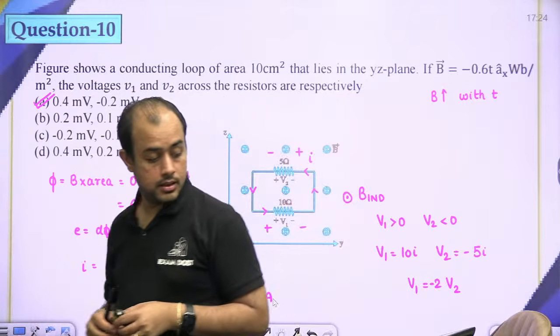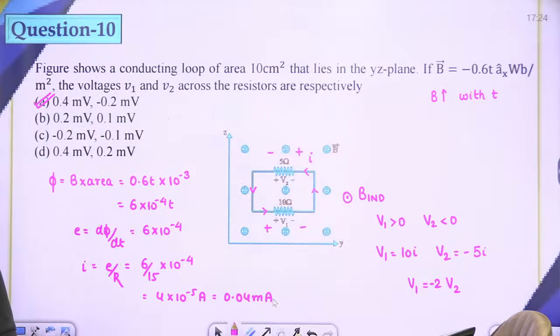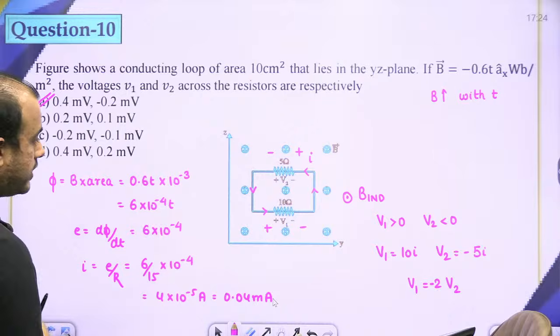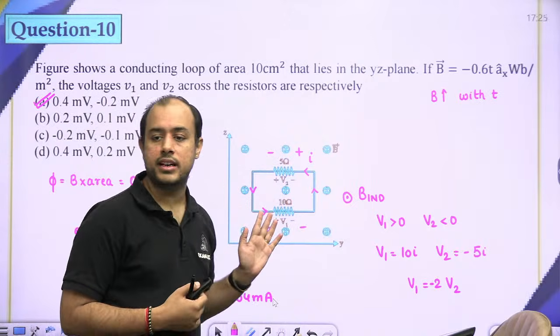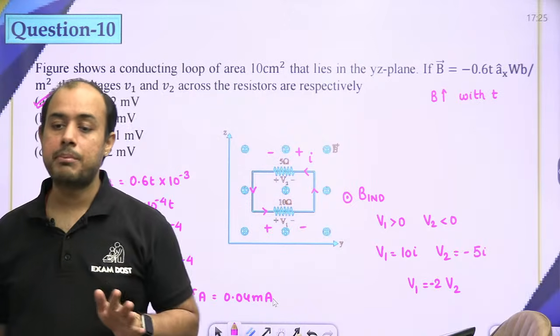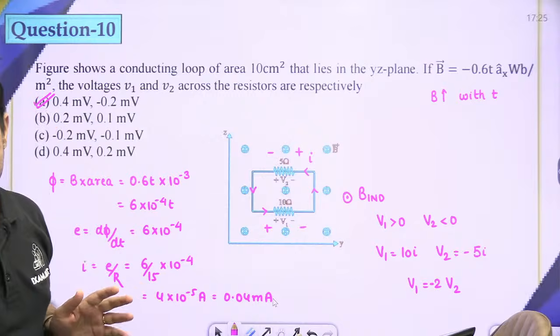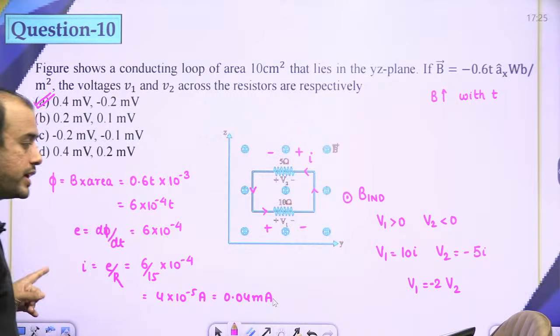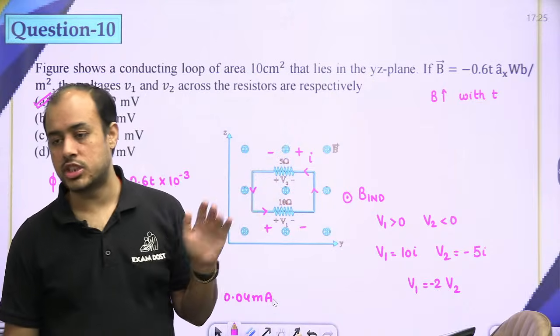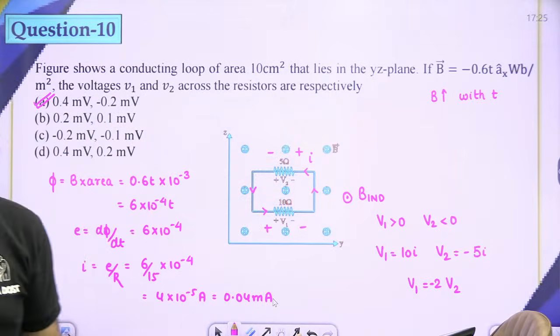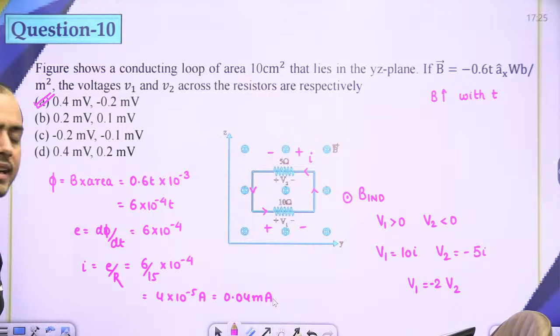Okay. So that is how you can find the current. E ko negative lene ki zaroorat hi nahin hai na beta. Agar aapko polarity figure out karni hai Subhadeep, toh aap minus N d phi by dt se mat jaiye. Whenever you want to figure out the polarity, figure out like this by using the opposition and then use N d phi by dt. Then ignore all the negative positive.